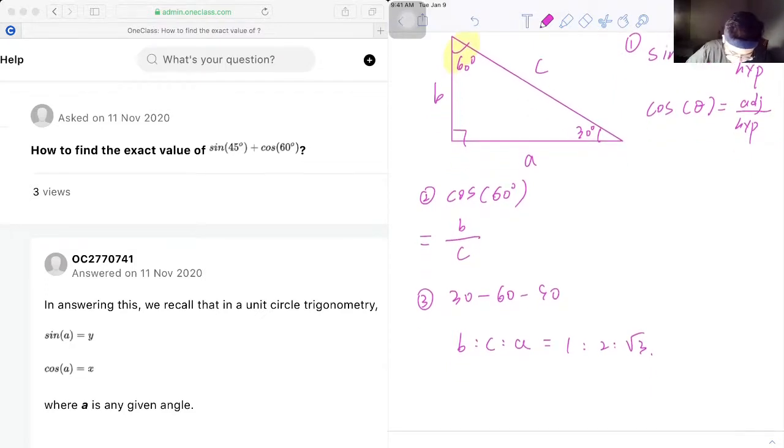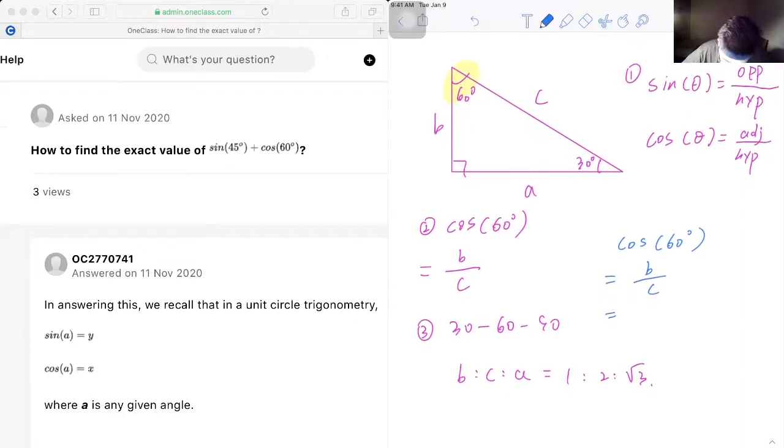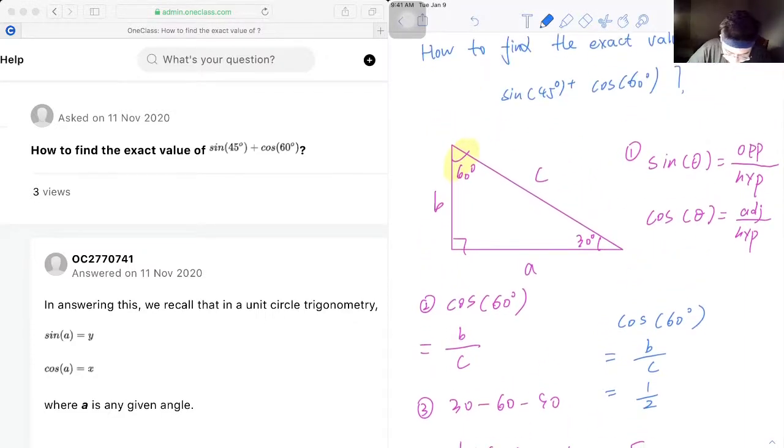So going back to cosine 60, we have B over C, which is going to be 1 over 2. Okay, so we're done with the second part.